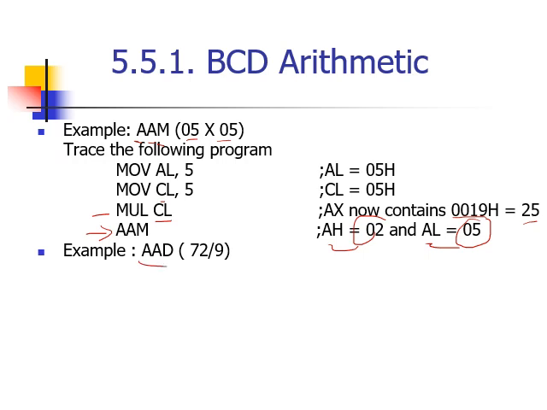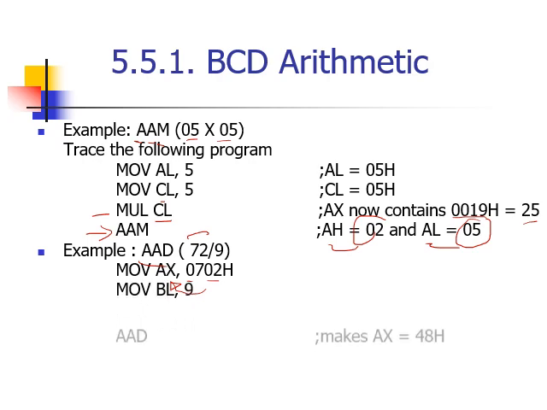Again, adjust AL before division. We need to divide these. Move 0702 packed binary coded decimal into AX. 9 into BL.